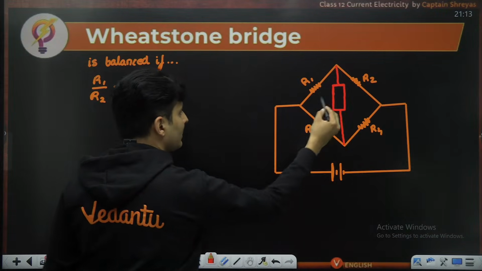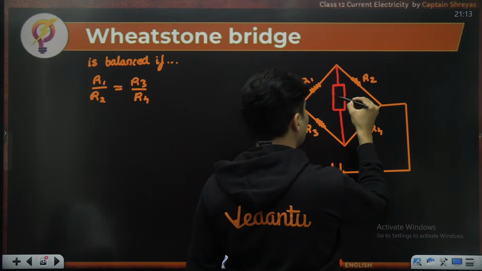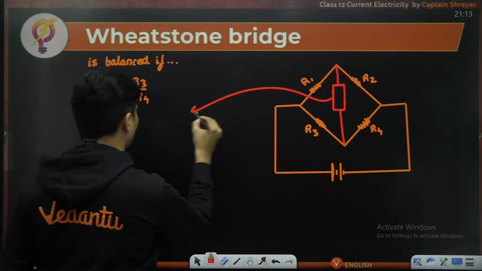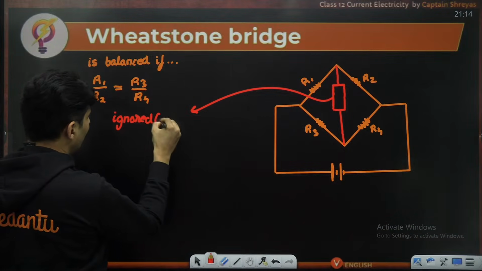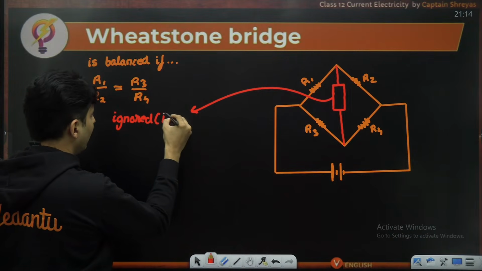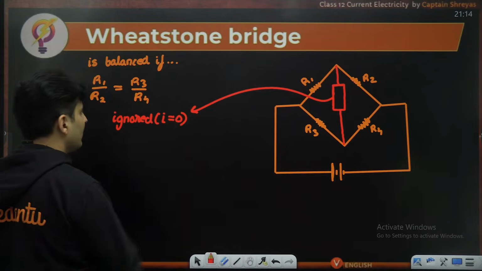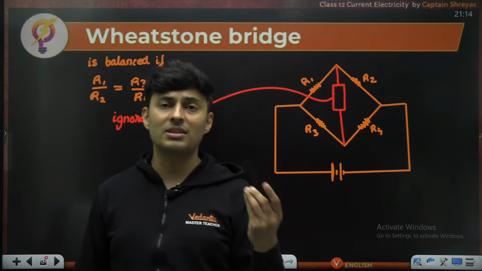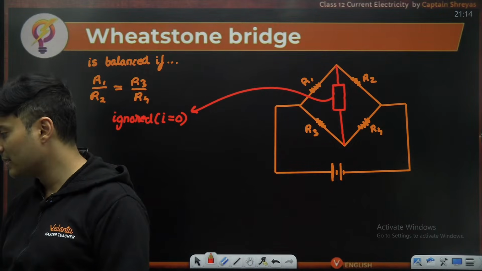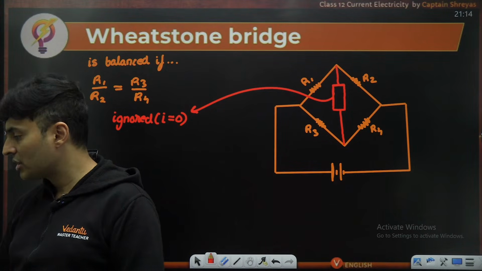Then this device can be completely ignored. If there is a voltmeter or ammeter, the current or the voltage shown will be zero. Nothing will flow through it. That is called a Wheatstone's bridge.